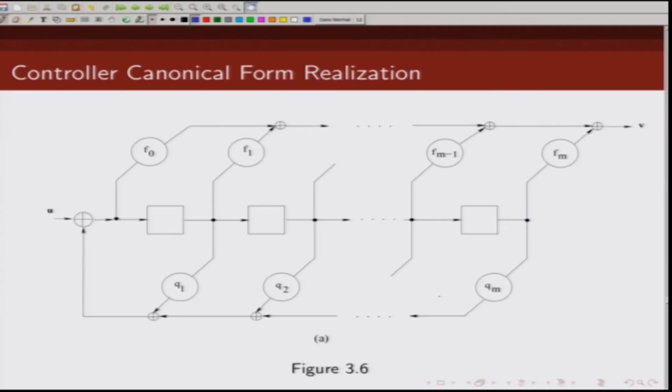So, you can see this is how we can realize a convolutional code using controller canonical form realization. Please note, these adders are external to the shift register, there are no adders internal to the shift registers. The inputs are entering on the left hand side, whereas output is taken from the right hand side.